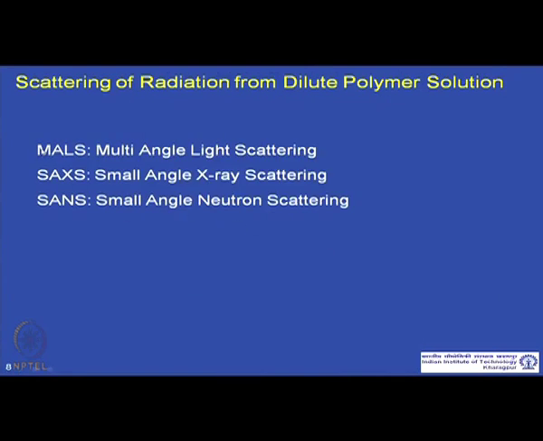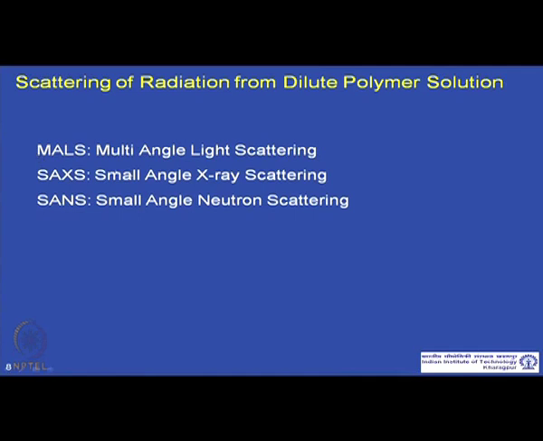Now, as I just mentioned, this light scattering technique can happen for any electromagnetic radiation like visible light or X-ray or neutrons. So, basically the techniques utilized to get information about polymer samples are multi-angle light scattering, small angle X-ray scattering, or small angle neutron scattering.